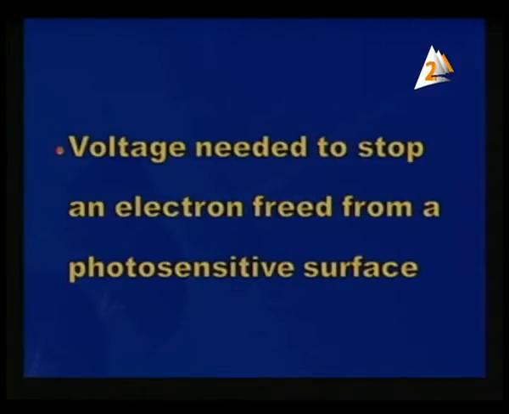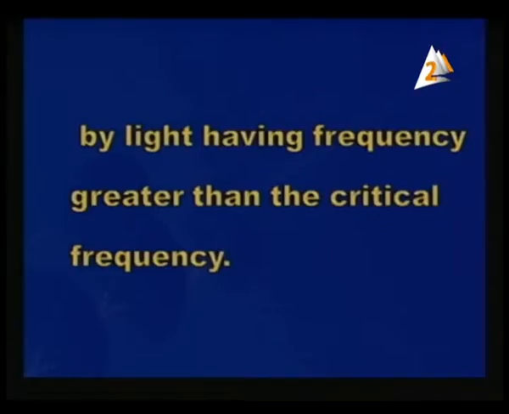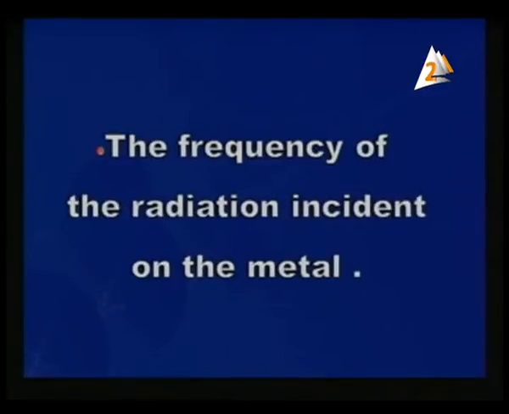What are the factors affecting the voltage needed to stop an electron freed from a photosensitive surface by light having a frequency greater than the critical frequency? Of course, the factor is the frequency of the radiation incident on the metal. It depends on the frequency.